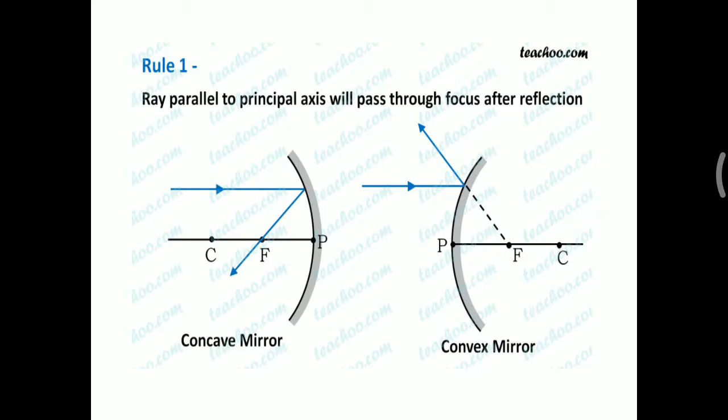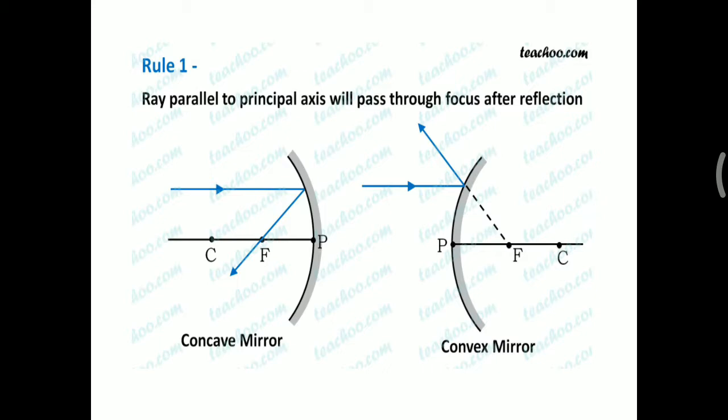If any ray is parallel to the principal axis, once it strikes the mirror, it is reflected back through the focus. So here there are 2 arrow marks. One arrow mark represents the incident ray and another arrow mark represents the reflected ray. The same thing also happens for a convex mirror.